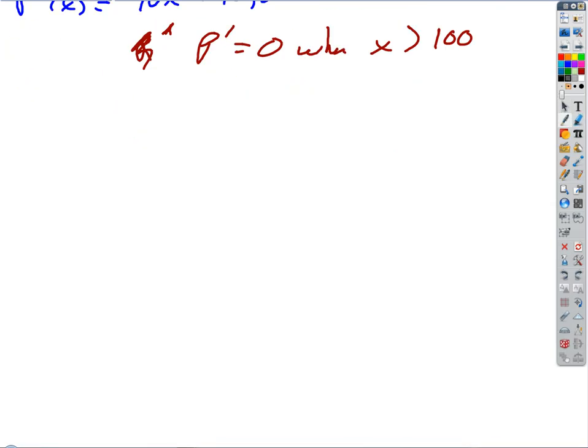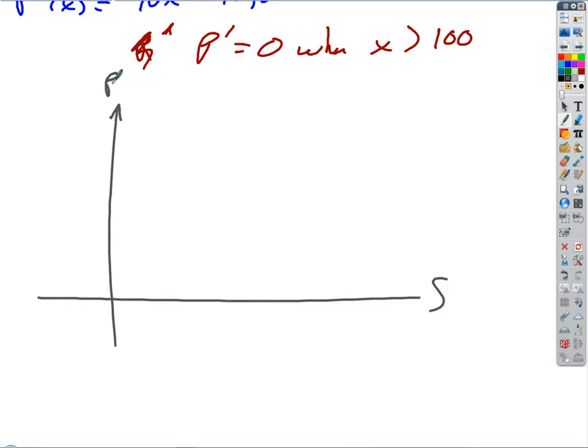Let's set up that graph again. I think something was wrong with our graph. So if we do P as a function of X, the demand function. What were our points? 900, 100, so it would have been 100, 900, right?